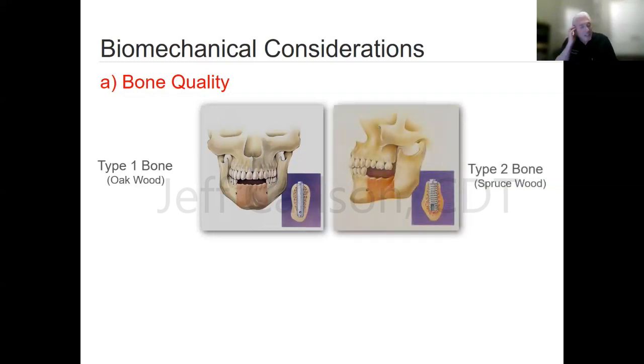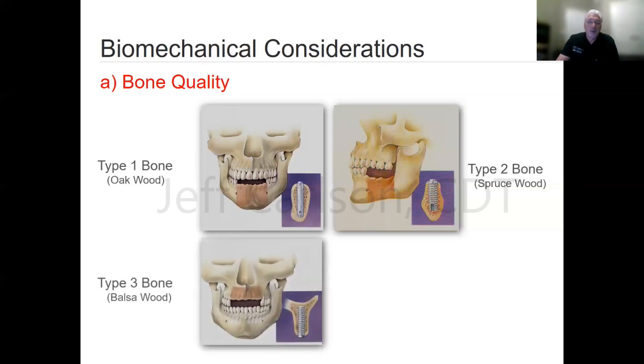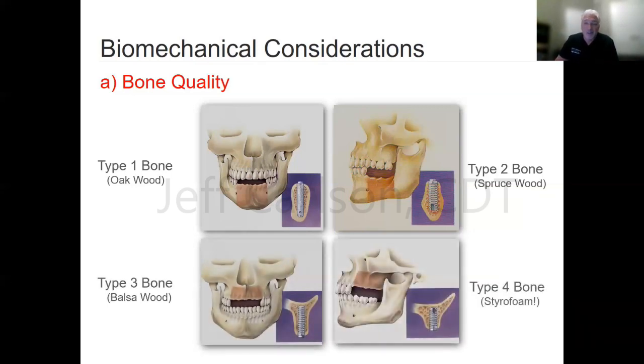Dr. Misch, with Dr. Kent Judy, I believe in the early 90s, had this classification, and it has been accepted in implant dentistry for 30, 40 years, just about. Type 1 bone is typically, not always, found in the anterior mandible between the mental foramen and the mental foramen.